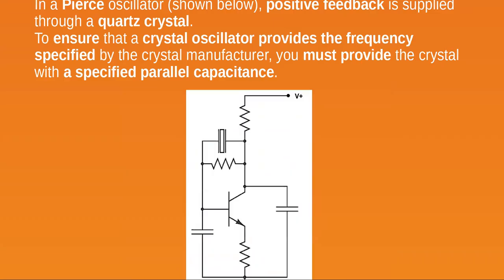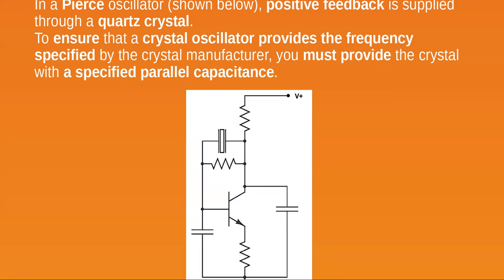In the Pierce, ooh, it's a little bit high there. Feedback is done through the quartz crystal. And in order to make sure that it's on frequency, you have to supply an external parallel capacitor specified by the crystal manufacturer.